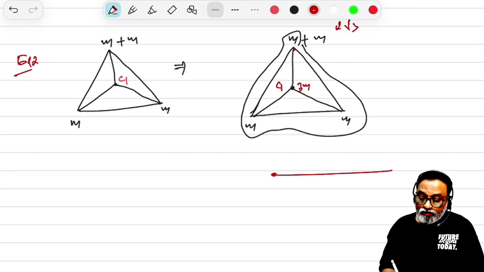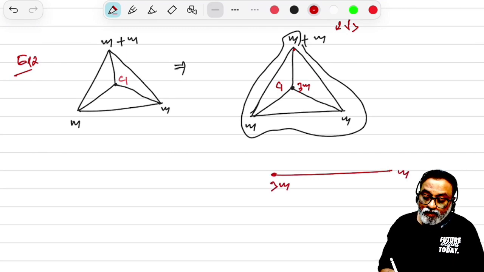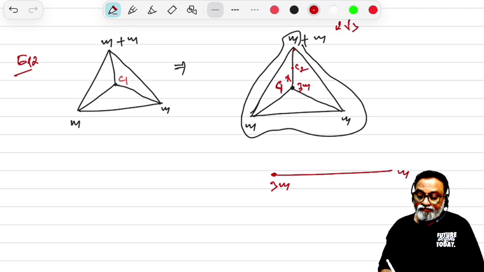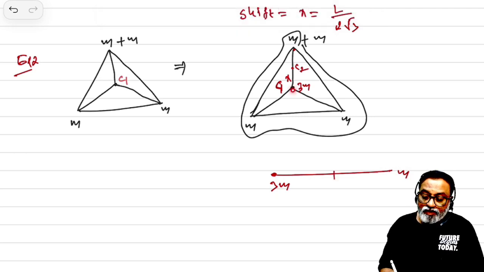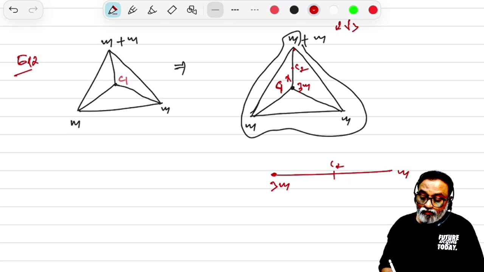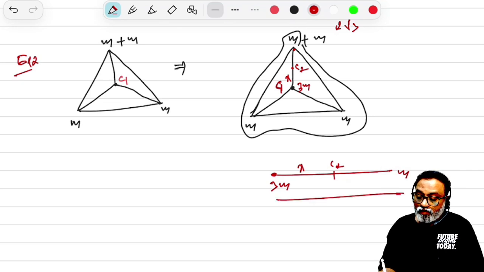See here, this is the mass 3M and this one is M. Initially the center of mass is here. Now by placing this mass, the center of mass is shifted from C1 to C2. This is X. Here, from the first mass 3M, the center of mass is shifted by distance X. Now this is C2, and between 3M and M, the total distance is L by root 3.